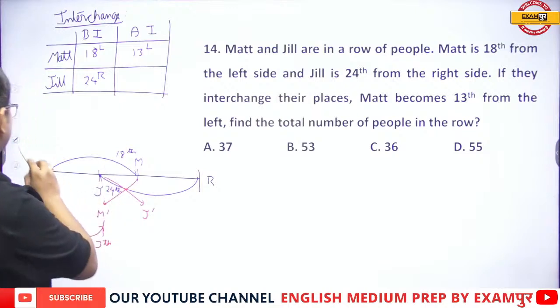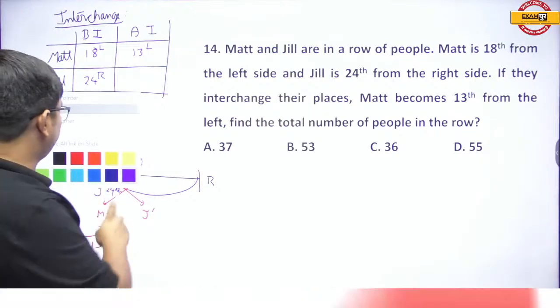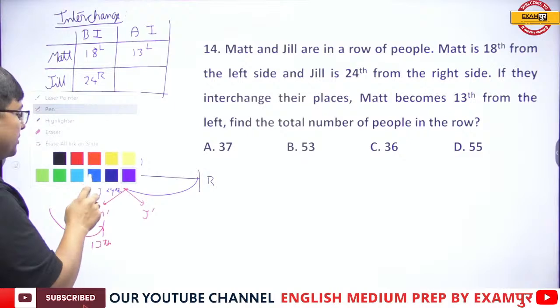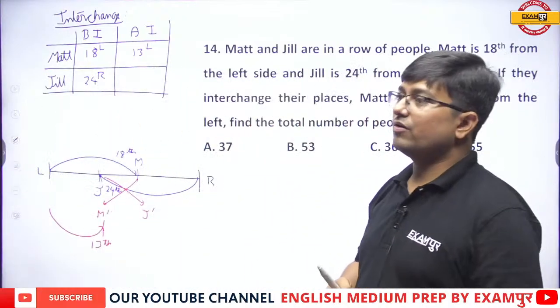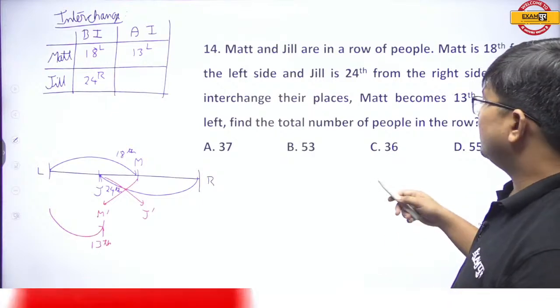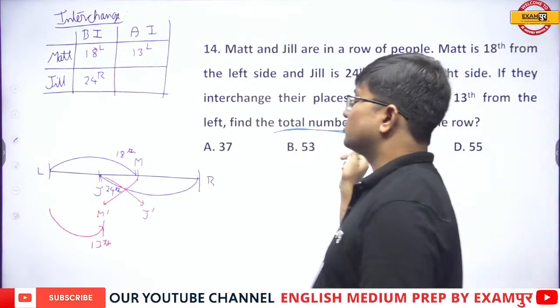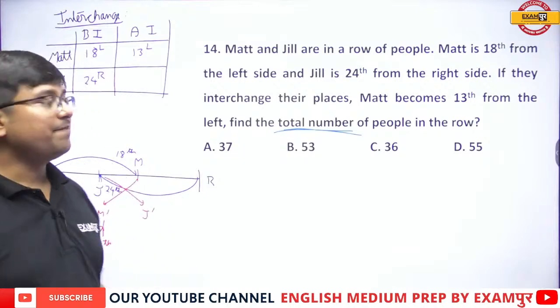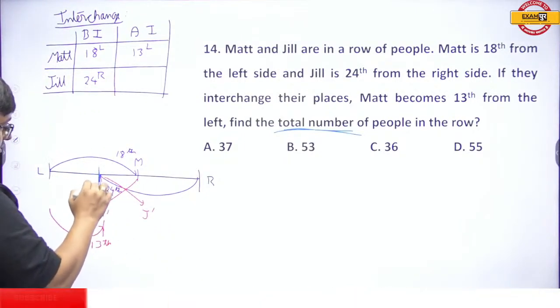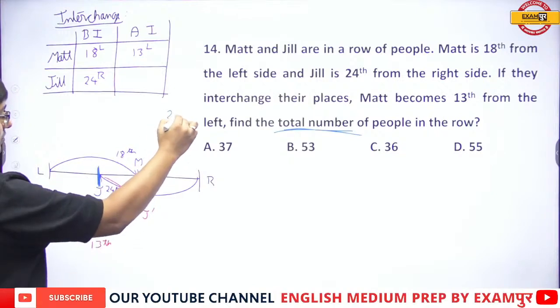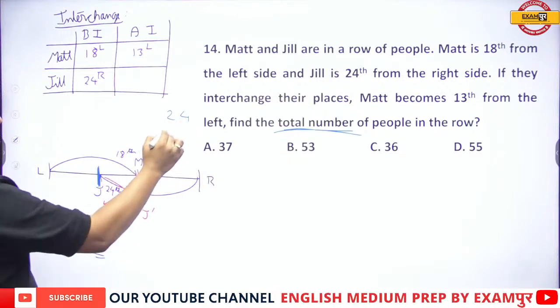Again, the same kind of questions can be asked: total number of persons and number of persons between them. Here it is asking total number of persons. So how will you do it? The same position is 24th from the right and 13th from the left.